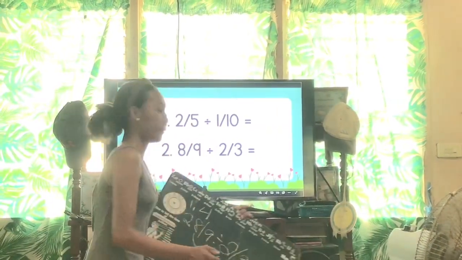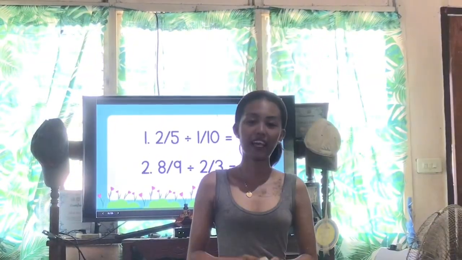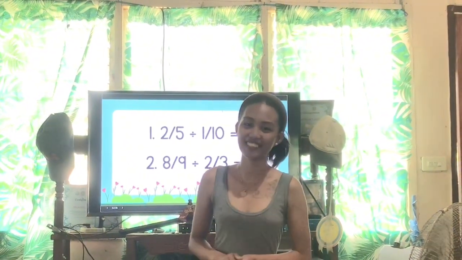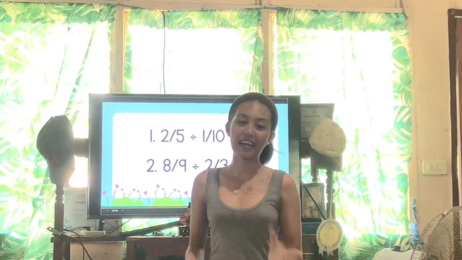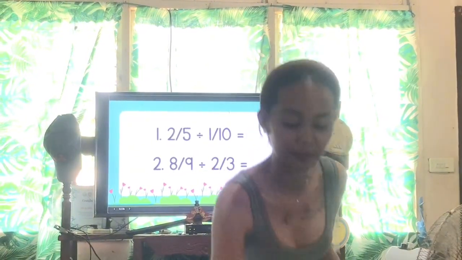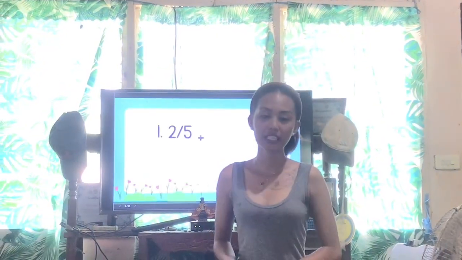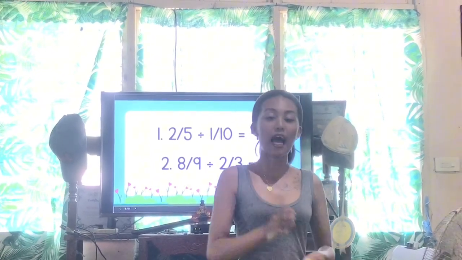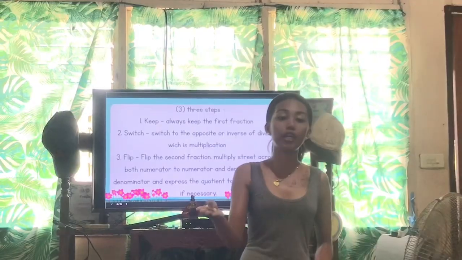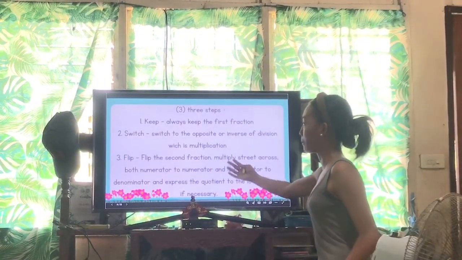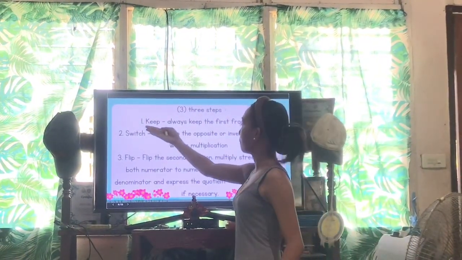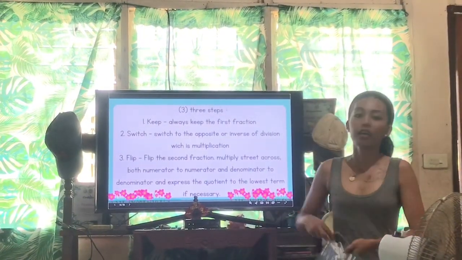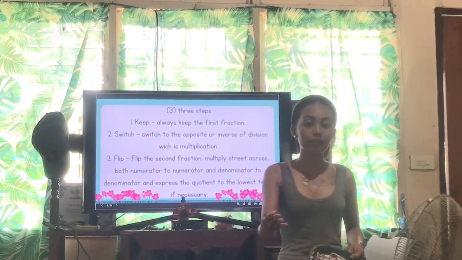So, do you get it, class? Okay, very good. Now, let's practice this one. In working with fractions in division, we need to remember the 3 steps, which are keep, switch, and flip. Let's read it together.